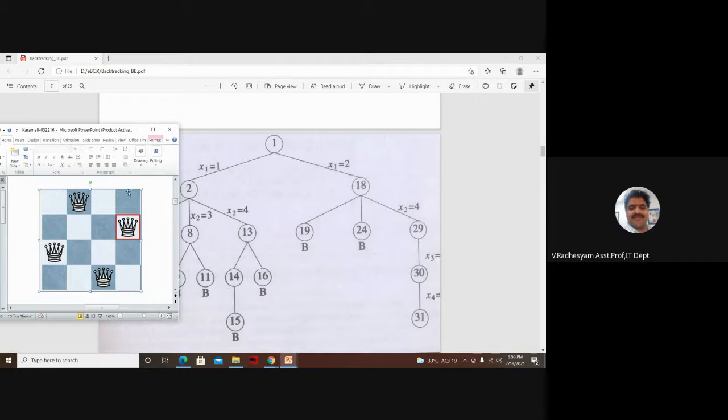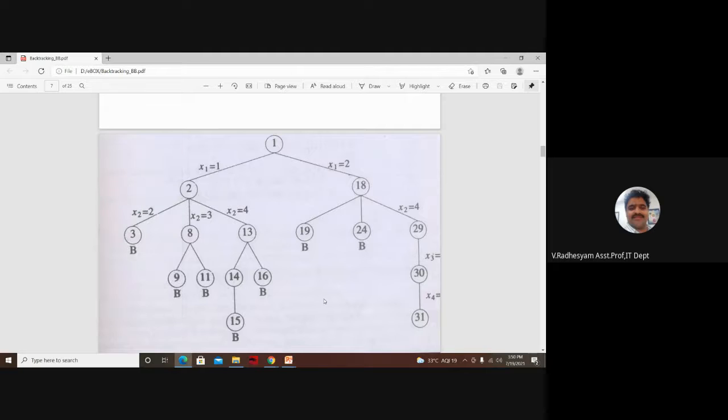Q3 is placed in the first column. Here one is missed. This is Q3, placed in the first column. Q4 is placed in the third column. So this is Q4, placed in the third column. So this is one solution for the 4 queens problem.